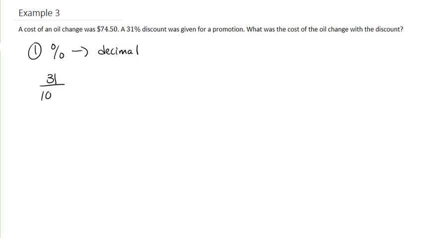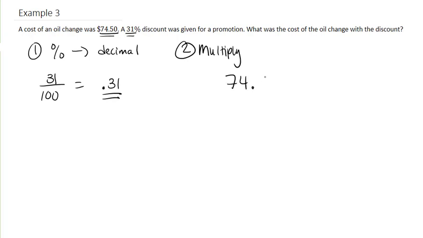So we get 31 over 100, which gets us to 0.31. Our step 2 will be to multiply. So we're going to multiply these two numbers, but we're going to take the decimal. So we have 74.50 times 0.31.